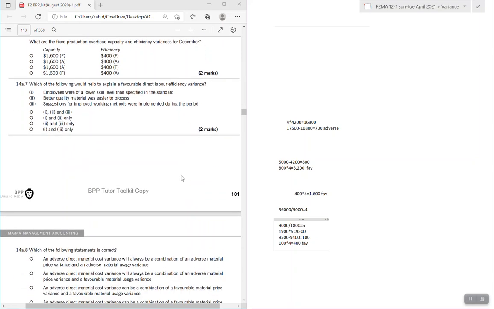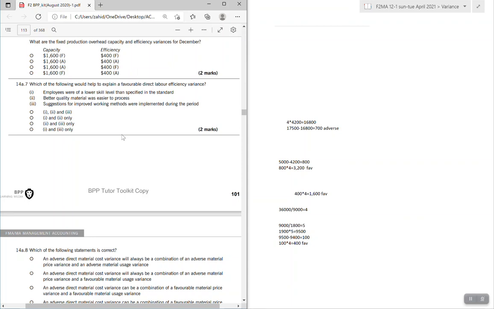Which of the following would help to explain favorable direct labor efficiency variance? So what it simply means is, why would there be an efficiency variance which is favorable? Employees were of lower skill level than specified in standard, better quality material easier to process, suggestions for improved working methods were implemented during the period.